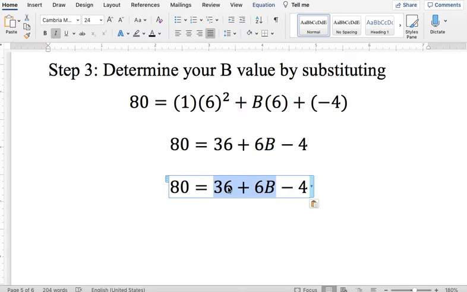Since this is 36 plus 6b, I'm allowed to, when you have adding, you can switch the order, like 1 plus 2 is the same as 2 plus 1. 36 plus 6b is the same as 6b plus 36.